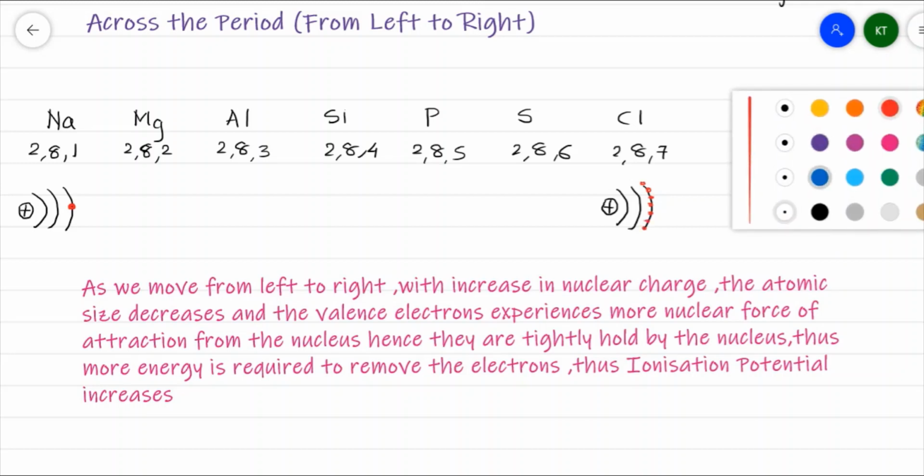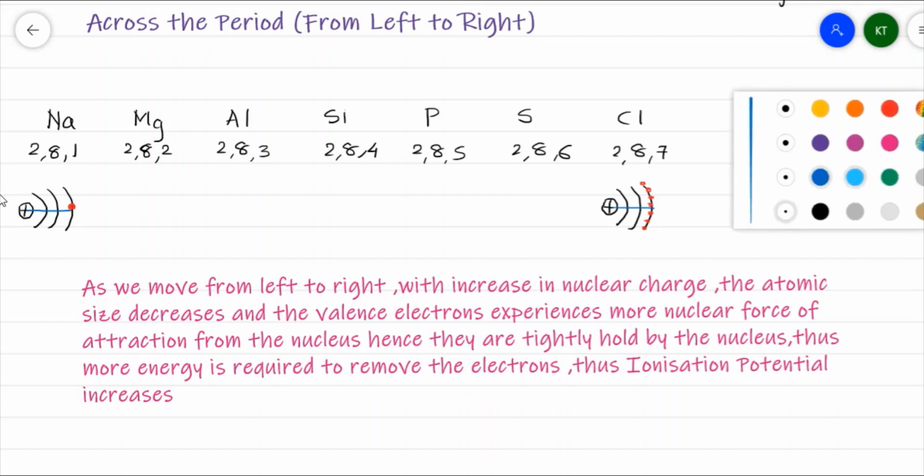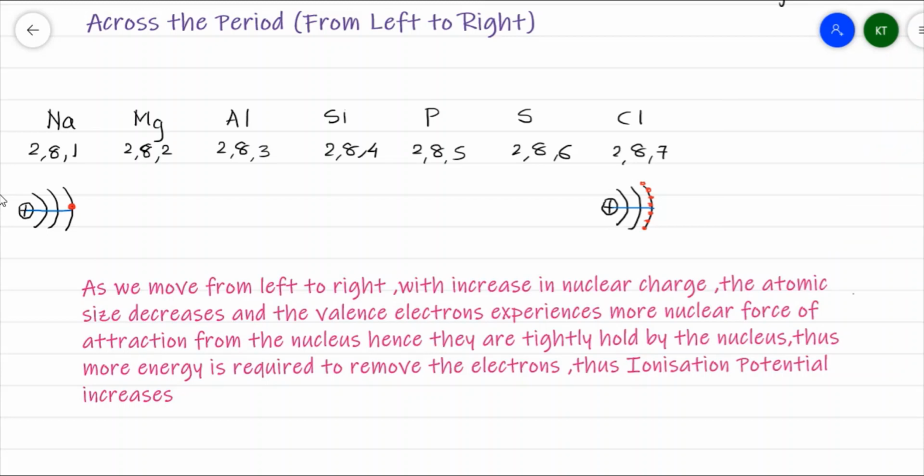As we discussed in our previous video on atomic size, as I move from left to right, I observe that with increase in nuclear charge, the size of an atom decreases. Due to this, the valence electrons in the outermost shell experience a greater force of attraction towards the nucleus.